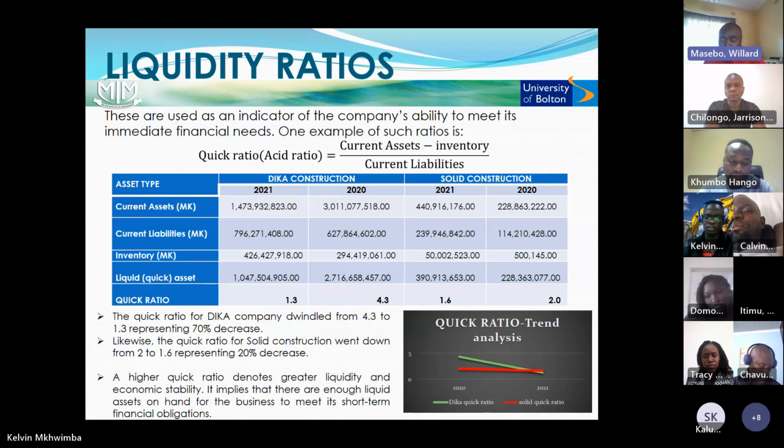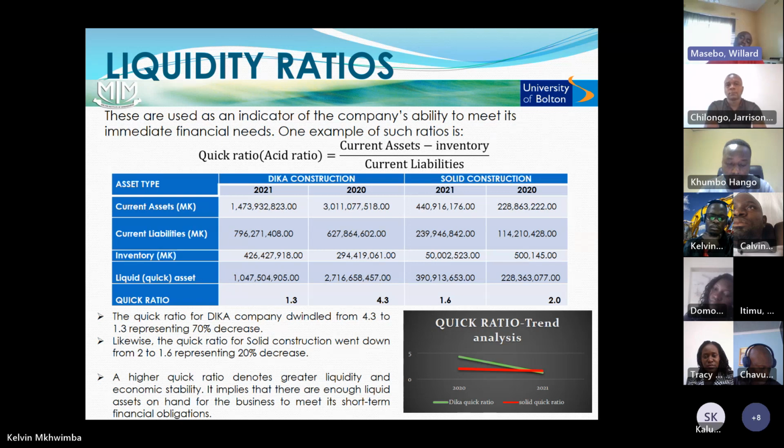So as the graph shows there, in terms of the two companies, the quick ratio for Diga moved real quick at a very fast pace, while for Solid, the quick ratio was going at a very reasonable slope.